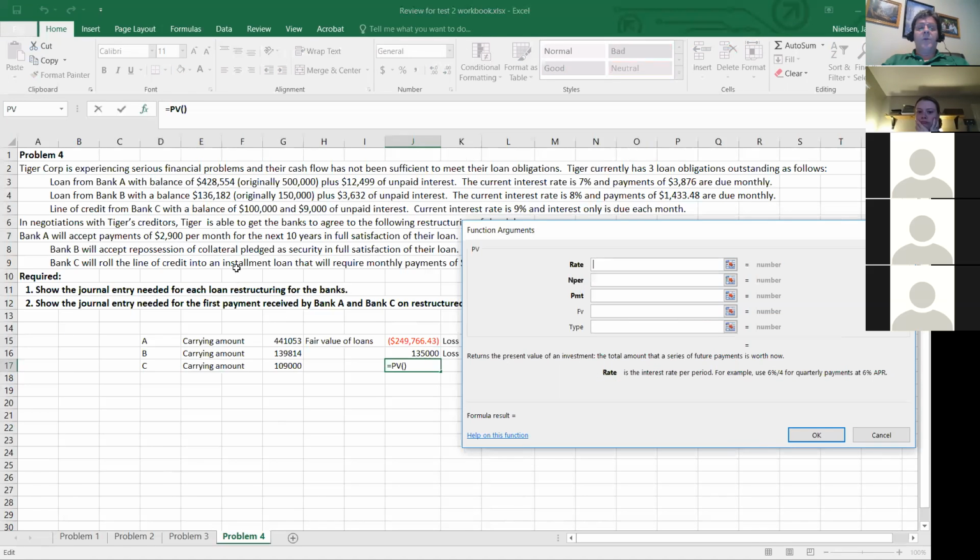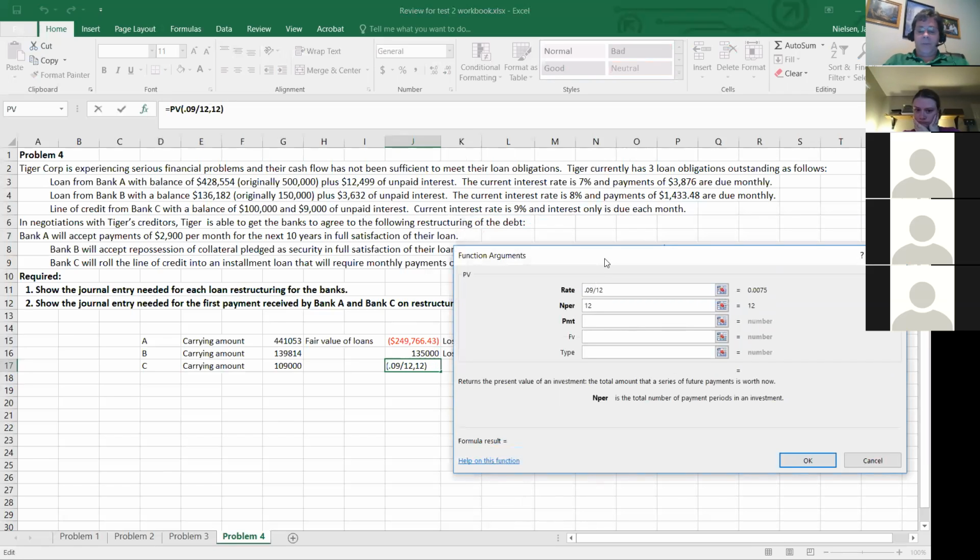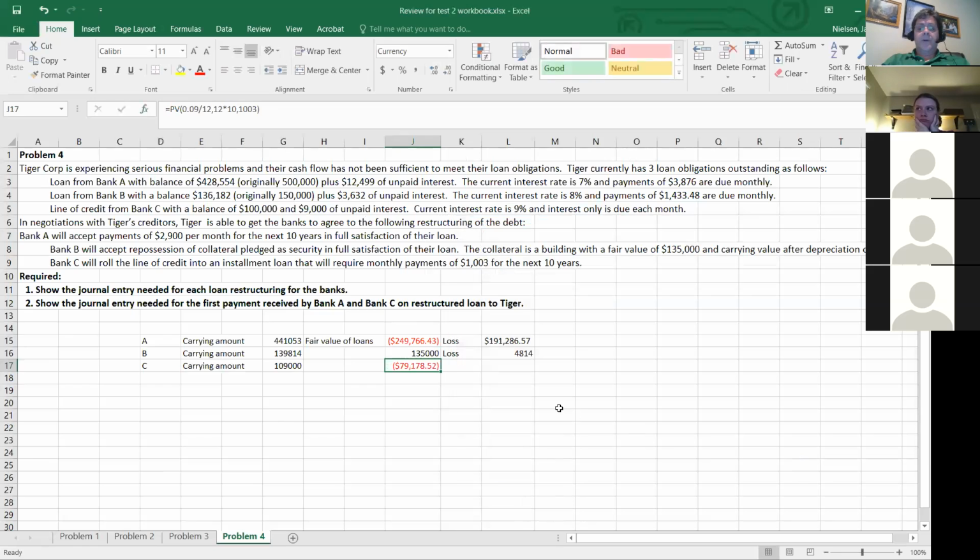We're going to use the rate we originally used, and that's 9% divided by 12. It's also 12 times 10, and the payment is, so the fair value is 79.